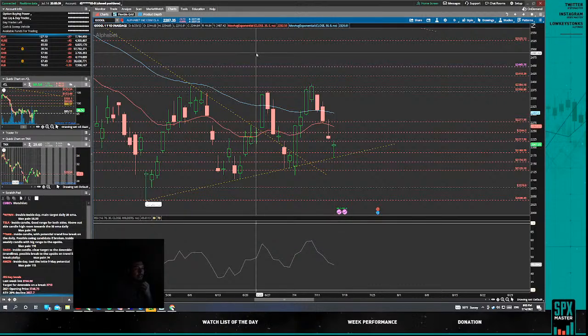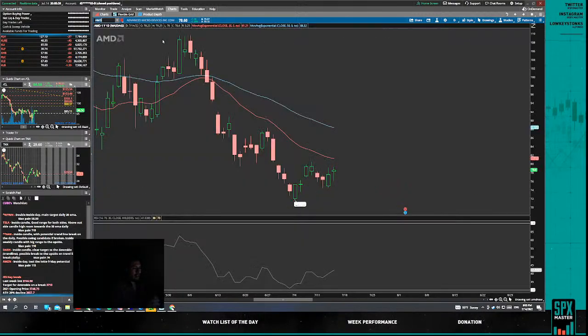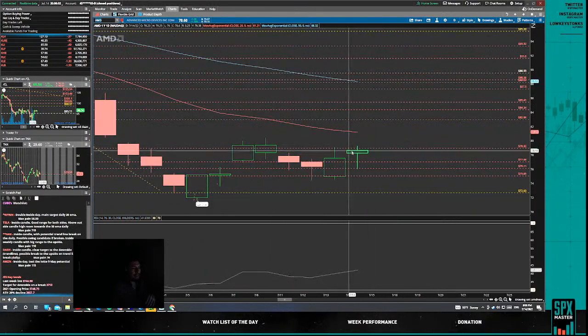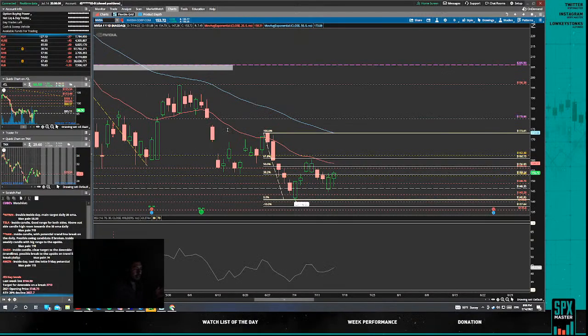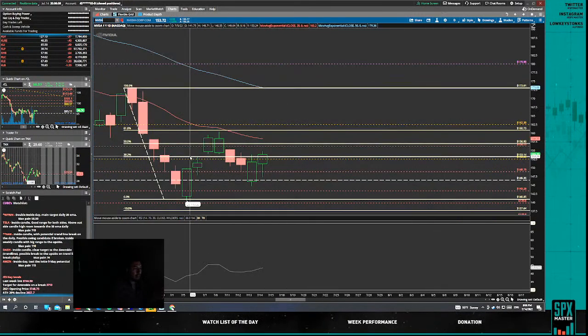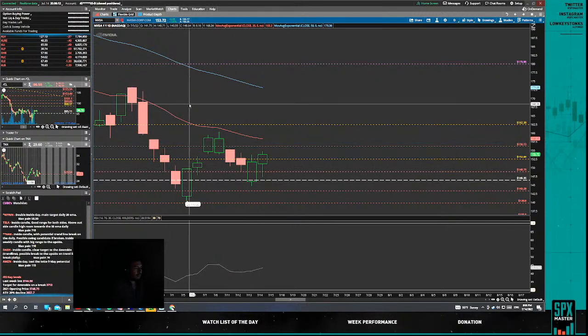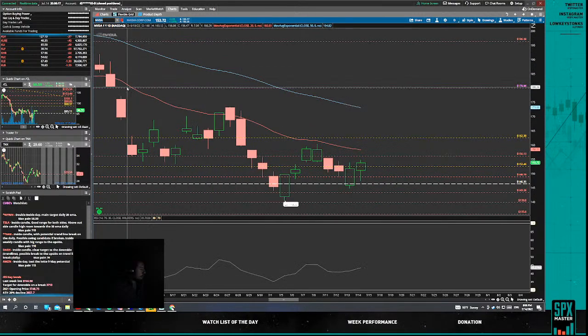So there's some stuff that is different, right? It does not look strong, even though it had that rebound and a key trend line. AMD had some relative strength, right? Nvidia, since Nancy Pelosi is buying the crap out of Nvidia right now, is trying to play this higher low. So we'll see.